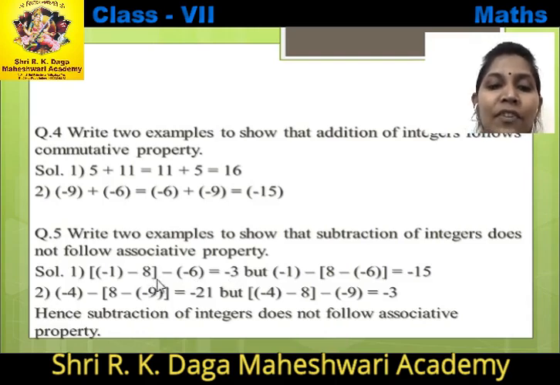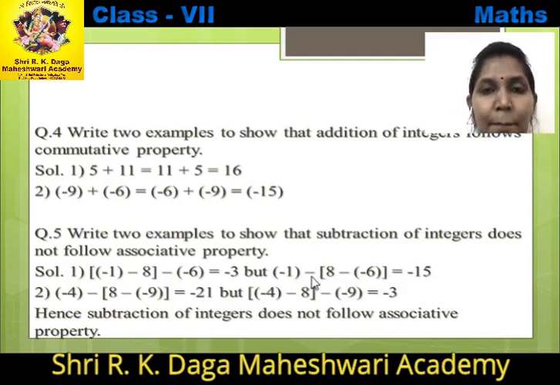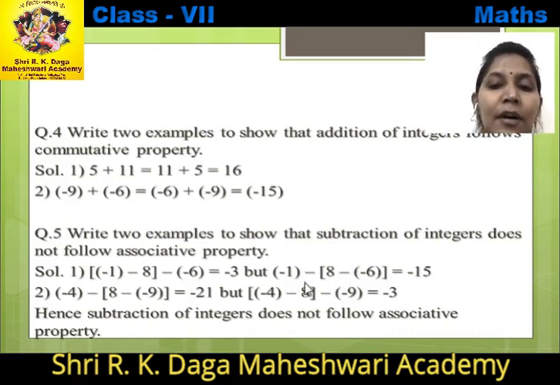Now we will write this bracket this side. So minus 1 minus 8 minus minus 6 is equal to, see, minus 1 will remain the same, minus 8 plus 6. 8 plus 6 is 14, but 14 with minus sign.